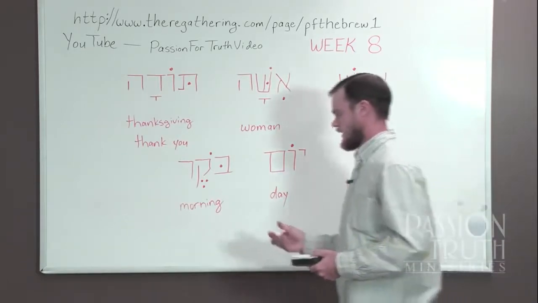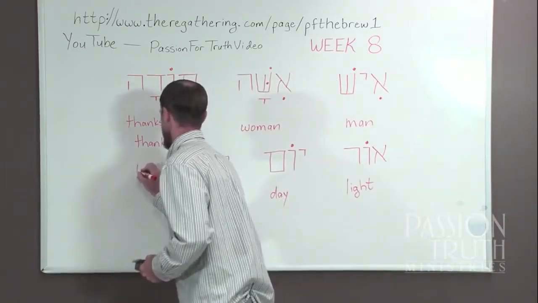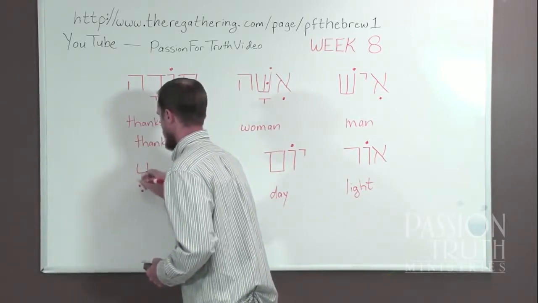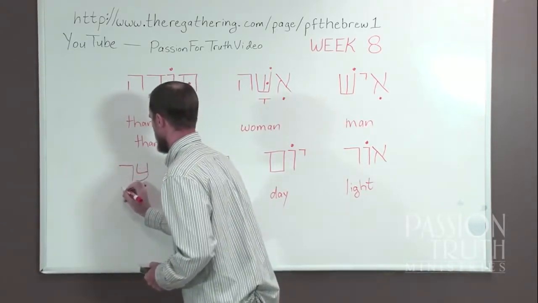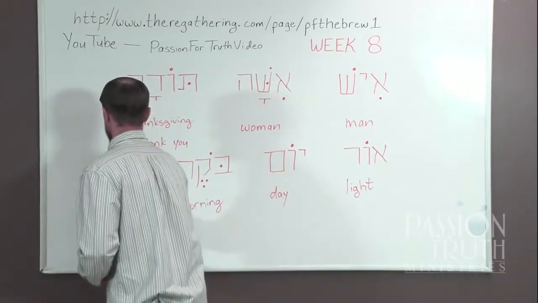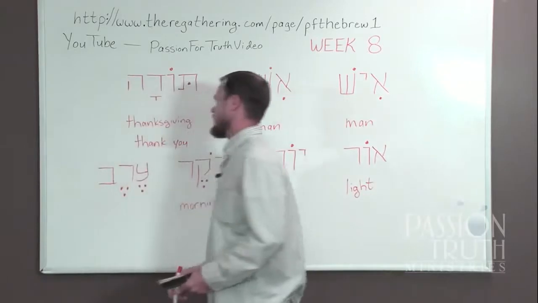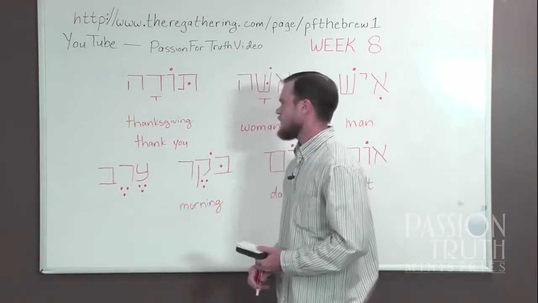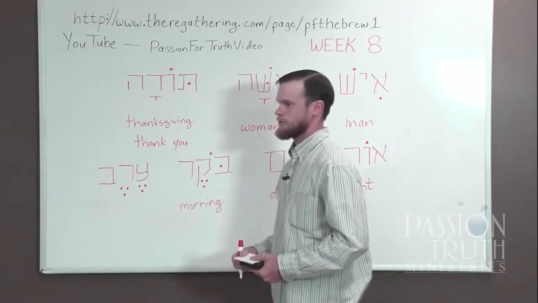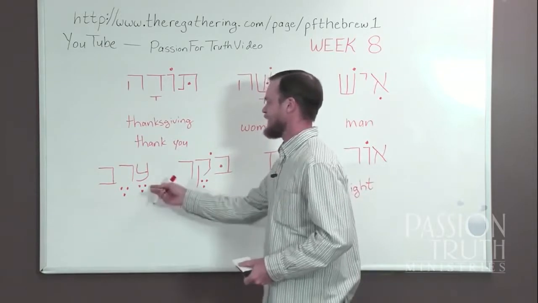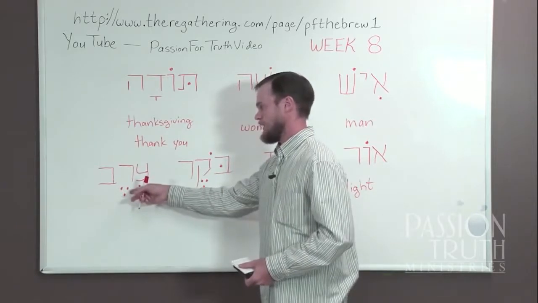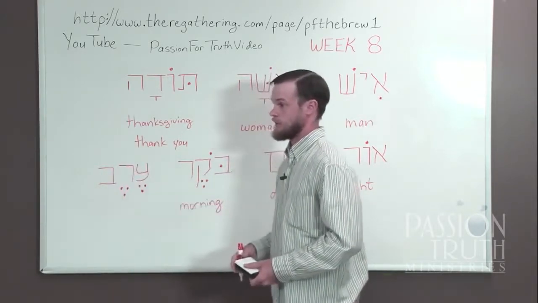And then morning's counterpart: ayin with a segol, resh with another segol, and then a beit with no dagesh. So the ayin is silent, or however you wish to do so. The e of the segol, resh is ra, and beit with no dagesh is a v.